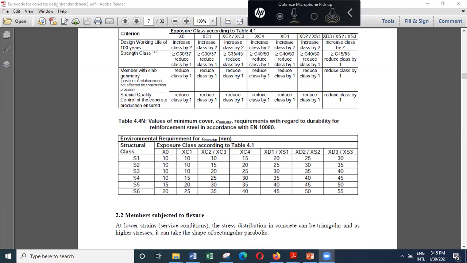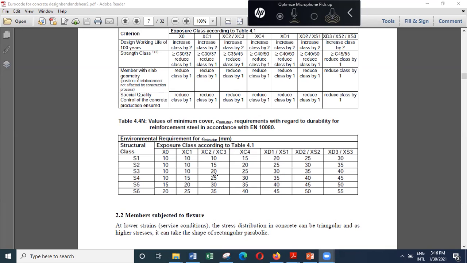Then the structural class is S4. And depending on the type of concrete that you are using, different cover values have been specified, and depending on the exposure type, we can have different cover values. If it is XC2 or XC3, which is the common case, we need a cover of about 25 millimeters for the reinforcement.